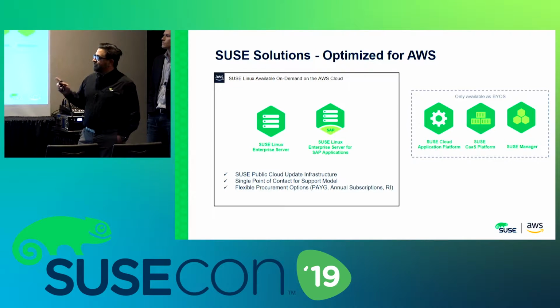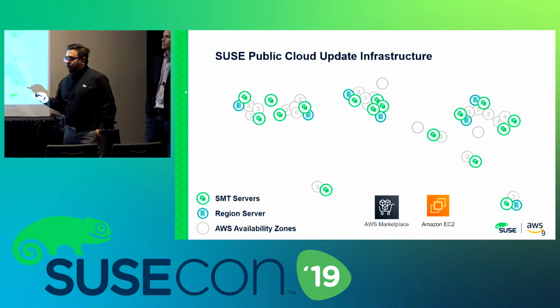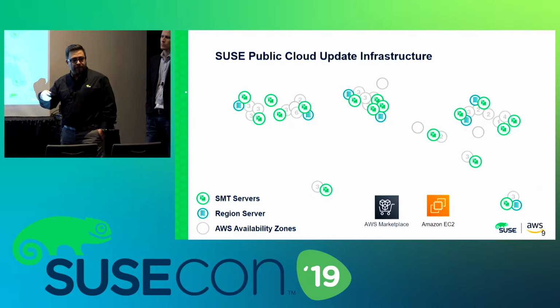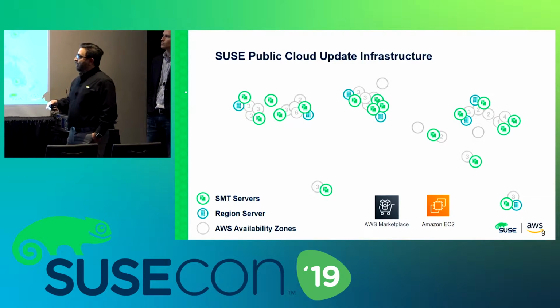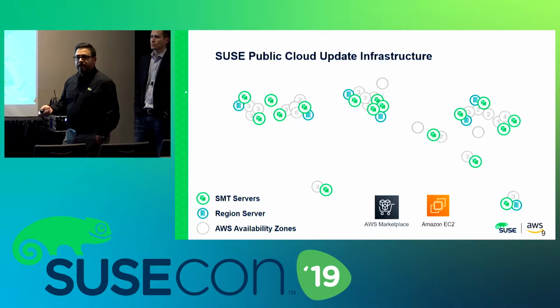One of the key differentiators between on-demand and BYOS is the SUSE Public Cloud Update Infrastructure. SUSE maintains an update infrastructure for the on-demand images that publishes repositories in every region available on AWS.